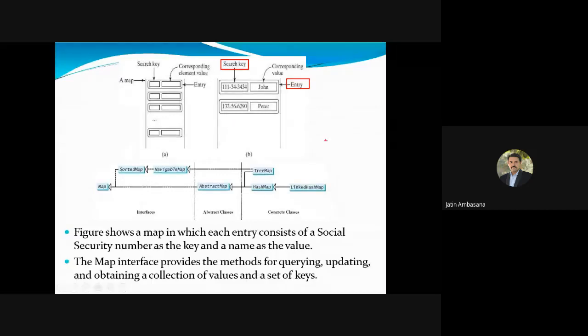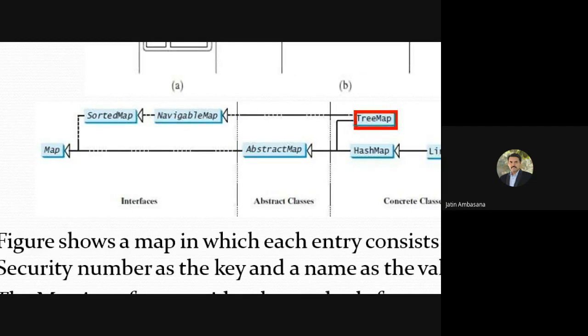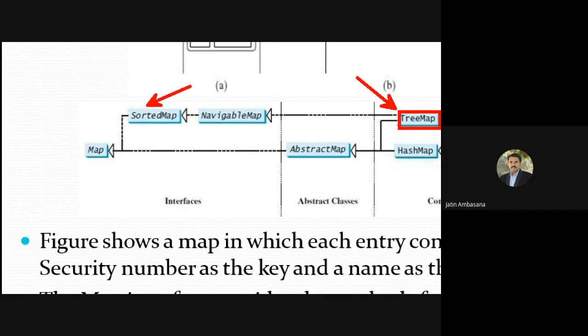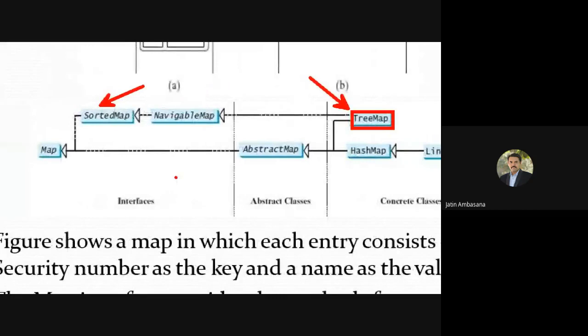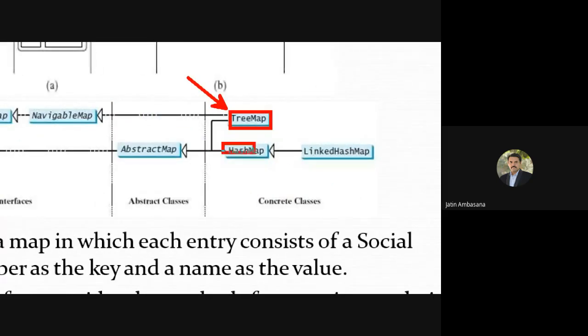And if you see, the map hierarchy is something like this. Map interface is there, then comes the sorted map interface, then comes the navigable map interface, and then comes the tree map. So you can say the tree map is sorted and navigable. On the other hand, map has been implemented by the abstract map class, and then comes hash map and linked hash map.